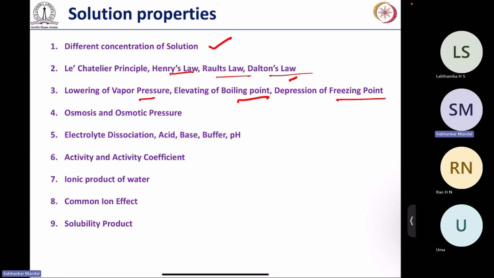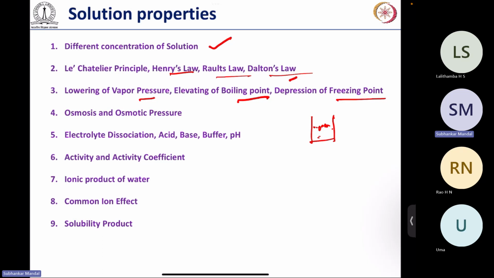So we discussed why the vapor pressure is lowered in the case of a solvent. If you have a container with the solution, then at the surface you have solute particles also, not only the pure solvent.